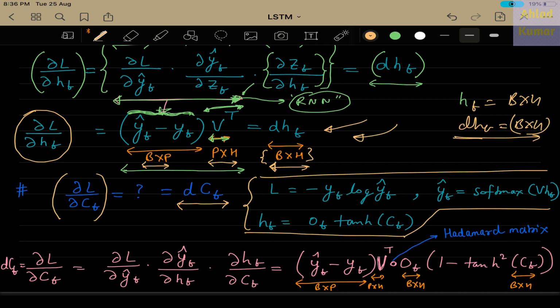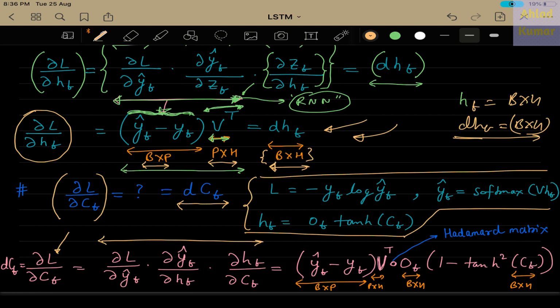If you do the same analysis to calculate the derivative of the loss with respect to CT, it again follows the chain rule. You calculate the derivative of the loss with respect to y hat t, with respect to HT, and the derivative of HT with respect to CT.